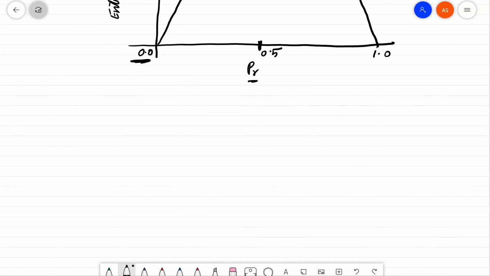So the entropy function is relative to the Boolean classification, as the proportion of the possible examples varies between 0 and 1.